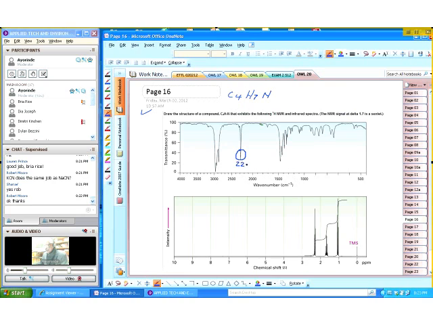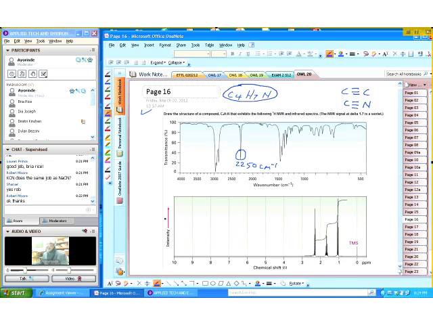If you look at this signal here at about 2250 wave number, anytime you see a signal in this region in your infrared spectrum, the chances are you have a carbon-carbon triple bond or a carbon-nitrogen triple bond. Those are the 2 functional groups that will give you resonance in this region. So what this is telling us is that the chances are we have a nitrile in this molecule.